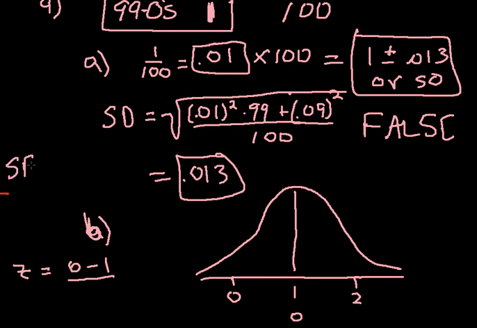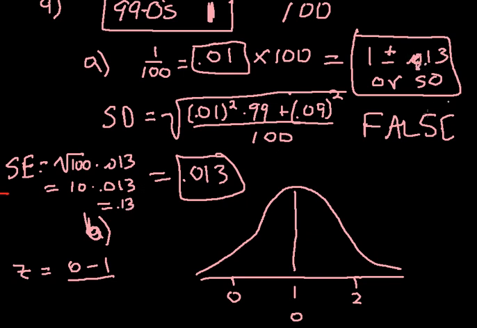The standard error for problem 1 is equal to the square root of 100 times the standard deviation of 0.013, which is 10 times 0.013, equal to 0.13.